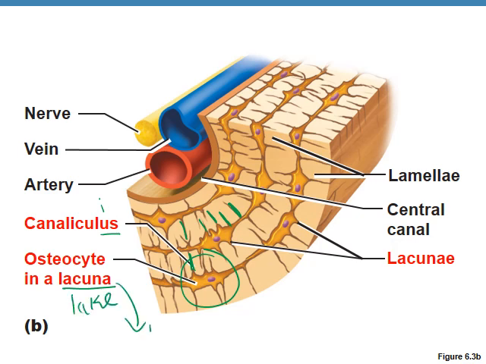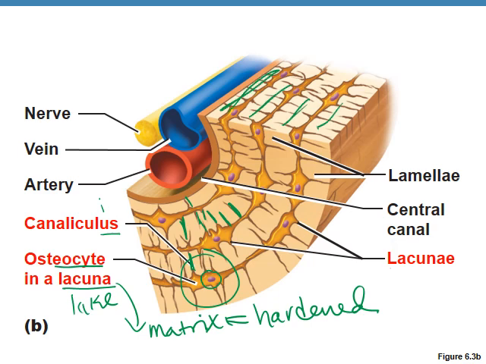And this lake is matrix, and that matrix is going to become hardened. So a lacuna is a lake. The osteocyte is the cell inside the lacuna, and these canaliculi are little channels in which osteocytes can talk to each other. And each of these layers are called lamella, or together, lamellae.